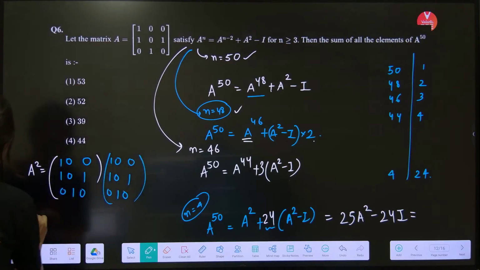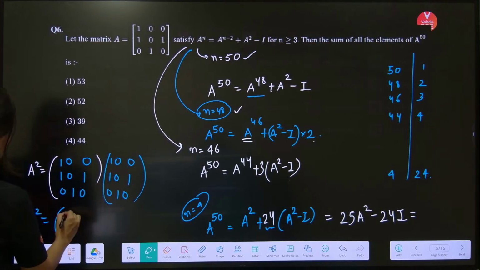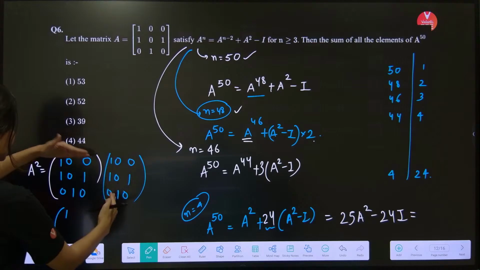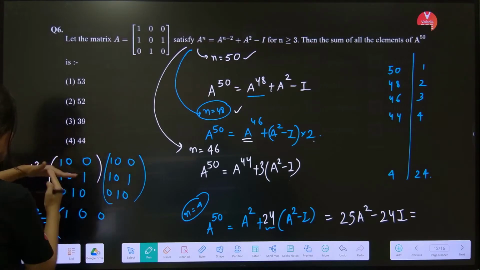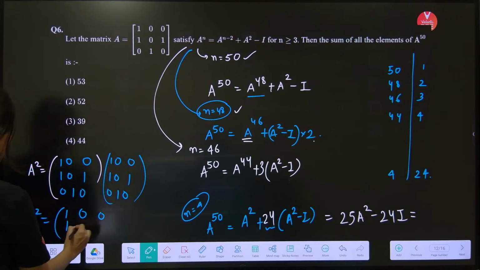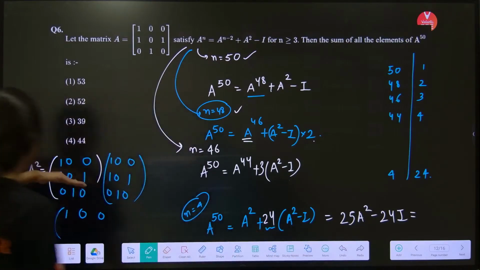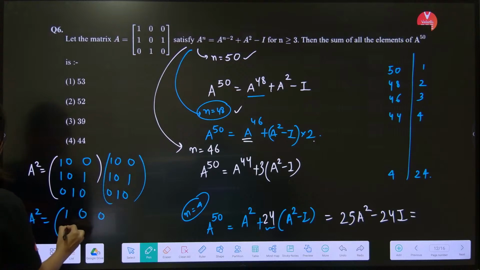Okay, multiply. A square will be this multiplied by this, so just 1. This multiplied by this, 0. This multiplied by this, 0. Now this multiplied by this, so 1, 0. Sorry. This multiplied by this. Okay, so 1, then 0, and then 0.